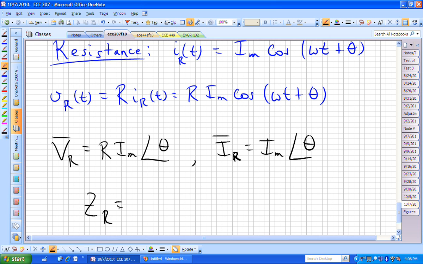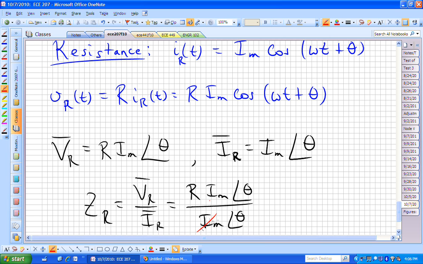But if we went and derived it based on these phasor relationships for voltage and current, this is V sub R over I sub R with bars. This is now R I sub m at an angle of theta, and this is I sub m at an angle of theta.